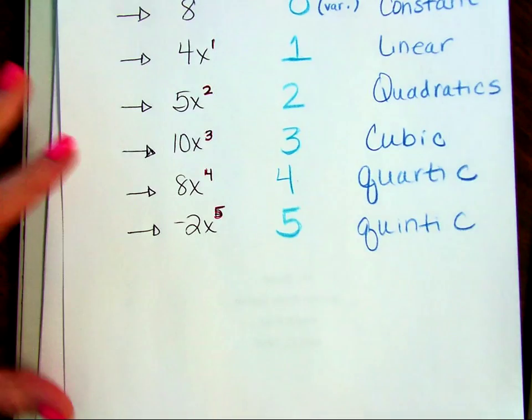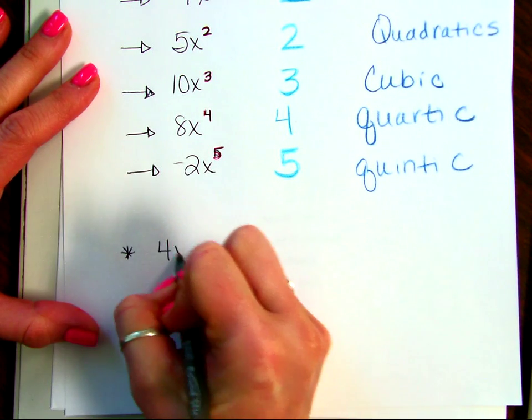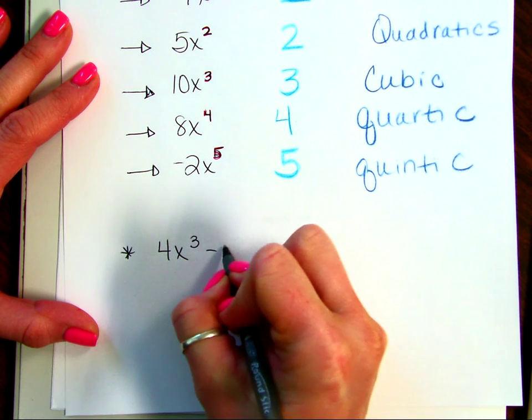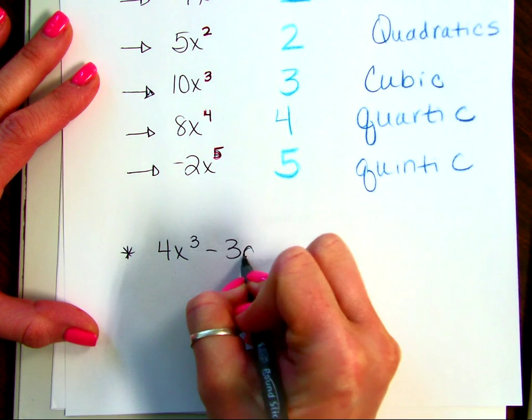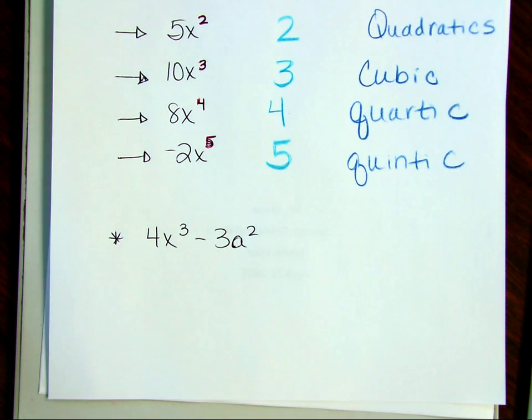So if I were to ask you to take 4x cubed minus 3a squared, now we're going to classify by both.